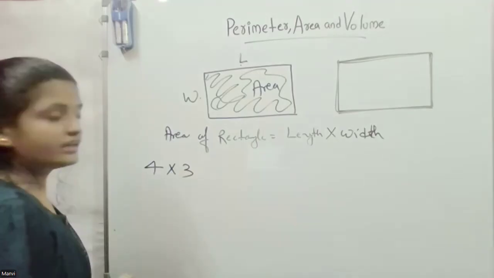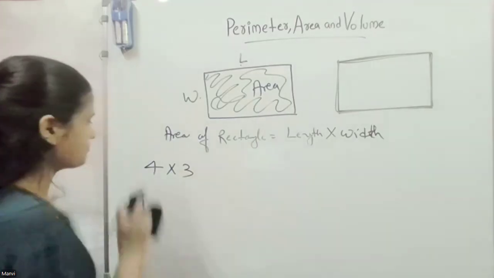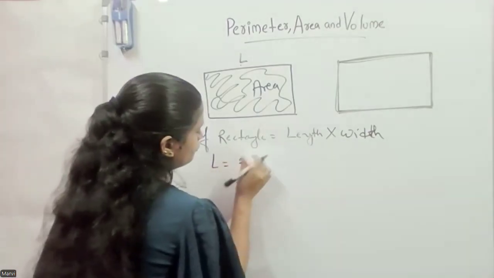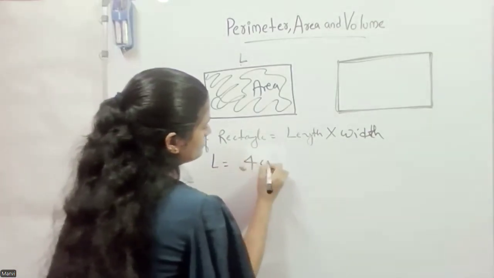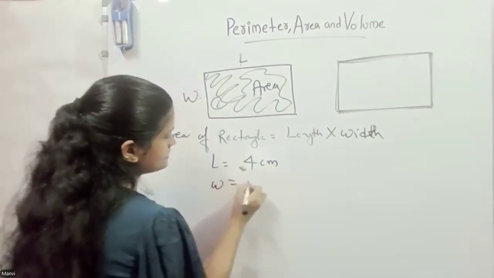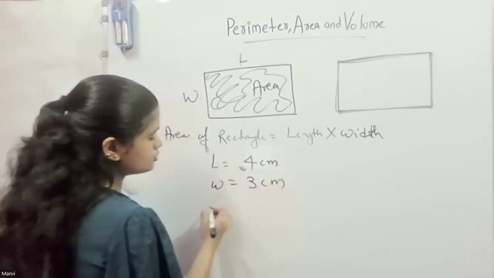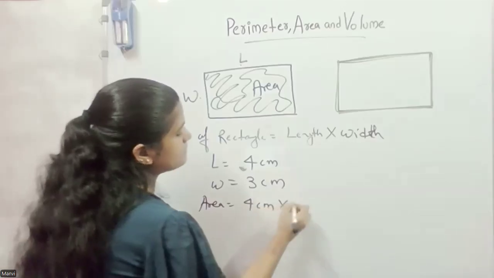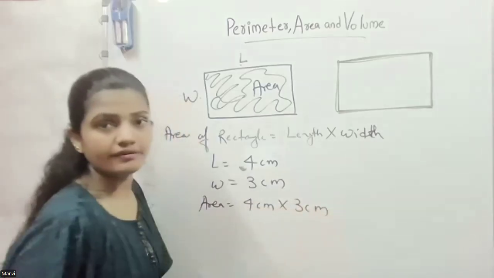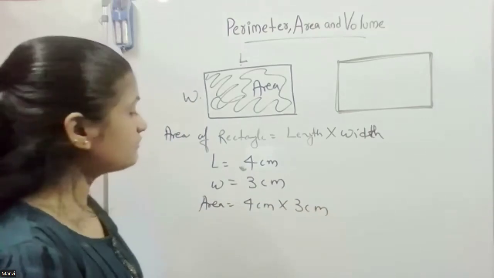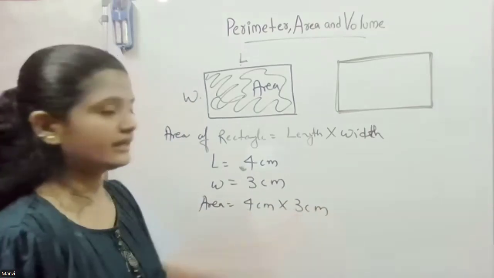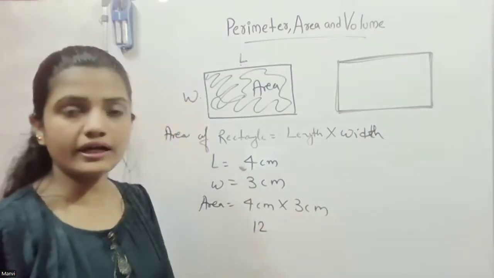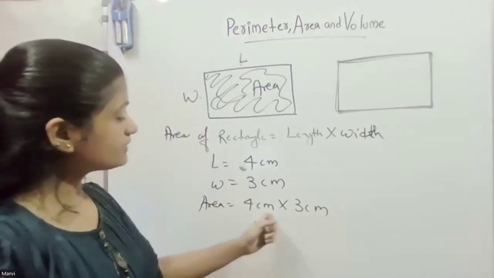If the length is 4 centimeter and the width is 3 centimeter, the area will be 4 centimeter times 3 centimeter, right? So when we multiply 4 with 3, this will be 12. And what about this centimeter?